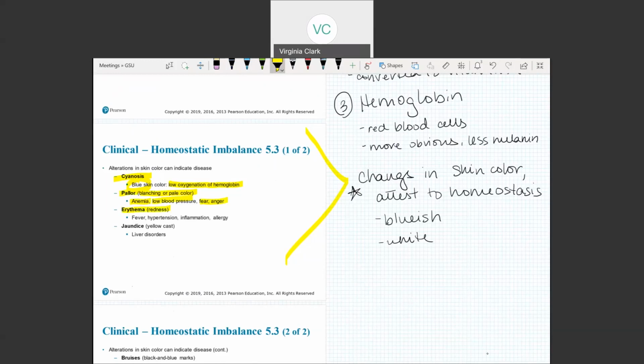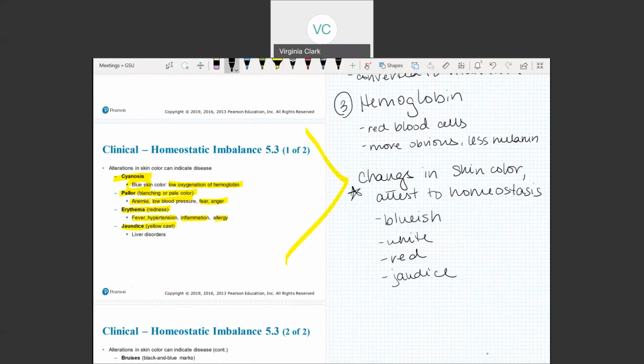Erythema or redness. So you can have a change with your skin color that is going more red. What is occurring here is sickness or an immune response. There's fever and hypertension. There could also be inflammation or some sort of allergen response. And then another color you can have is what's called jaundice, which is a yellow color.